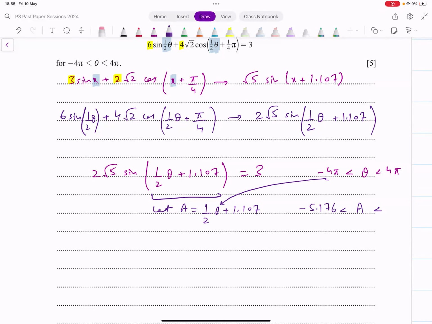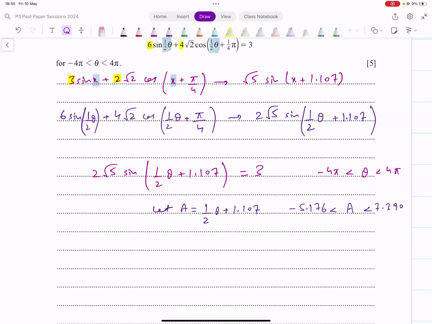On the other side, if we input 4 pi, that becomes 4 pi over 2 plus 1.107, and that gives me 7.390. So the interval for A has to be from minus 5.176 to 7.39.